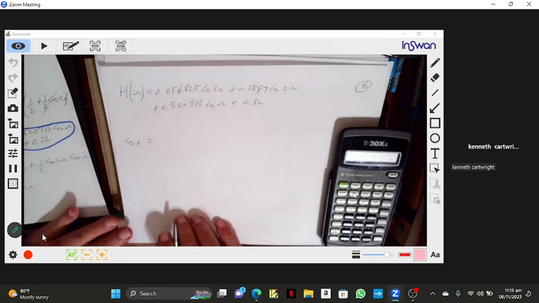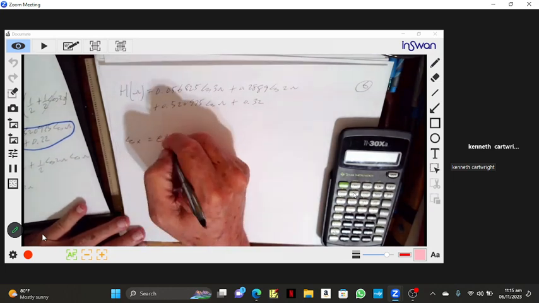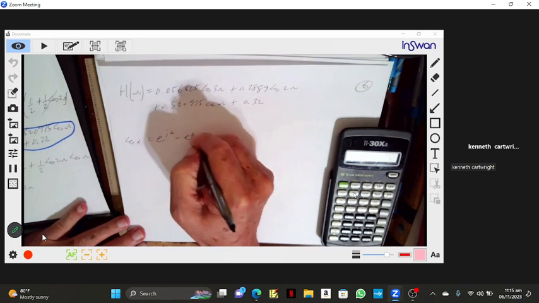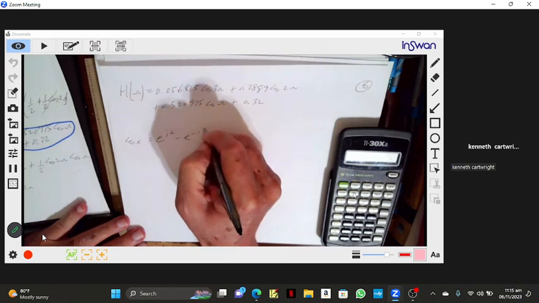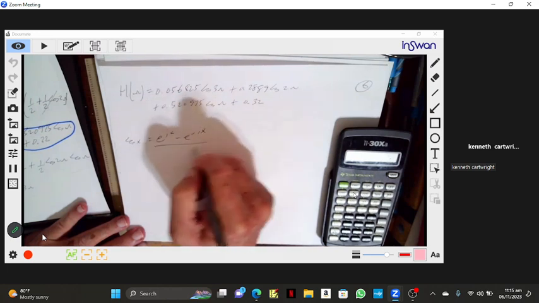Well, it's an identity that you've been taught, but clearly not an identity you have remembered. Cosine x is e to the jx plus e to the minus jx over 2. So we just put omega there. We're good.